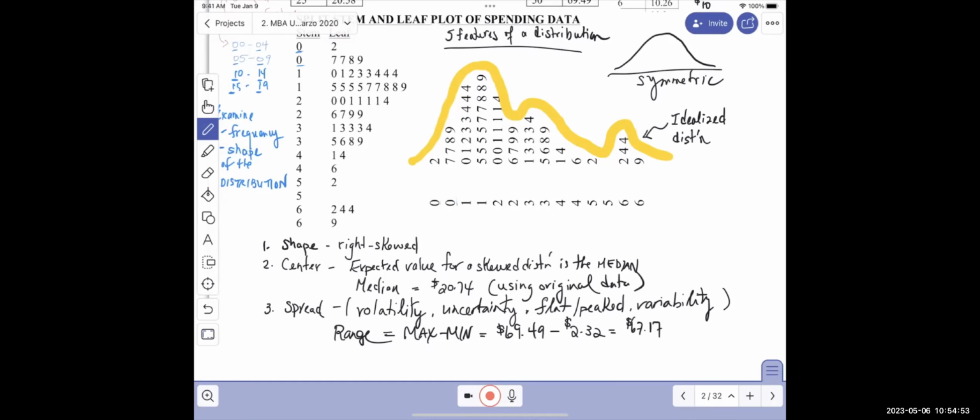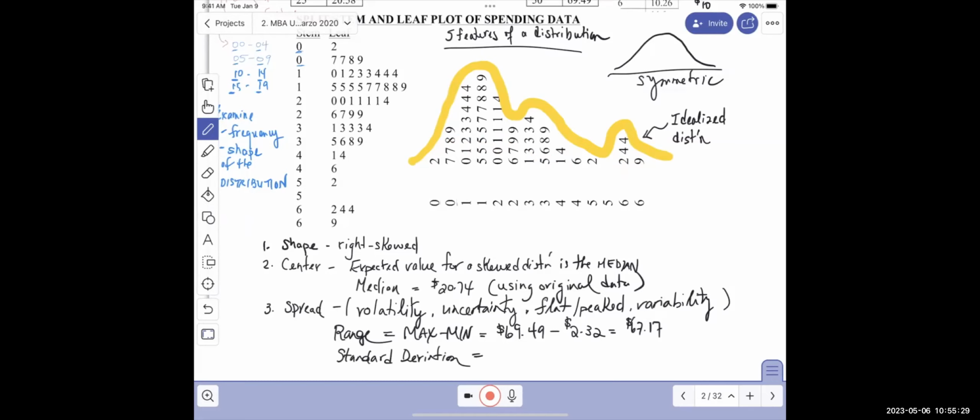Now we want to know more about how most of the data behaves. Are the data really flattened, or do they peak? And here they peak, they kind of bunch up like this. And how do we look at that? Many of you have learned about the standard deviation as a measure of spread. We're going to talk about this, or if we don't talk about it today, I'm going to tell you to watch some videos on it.